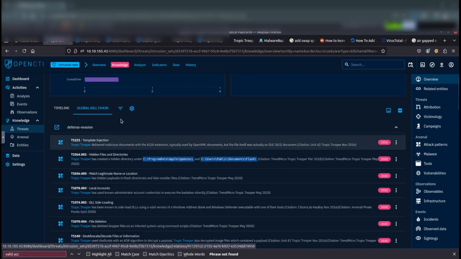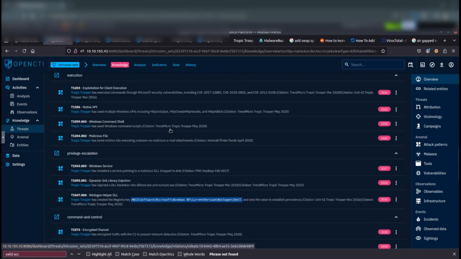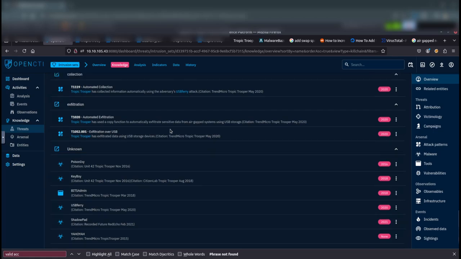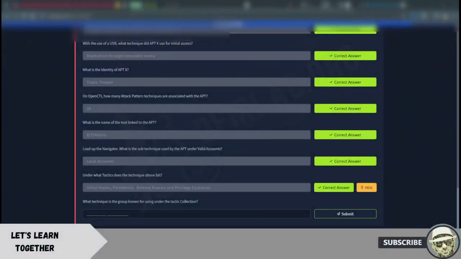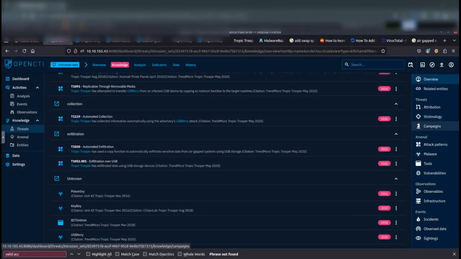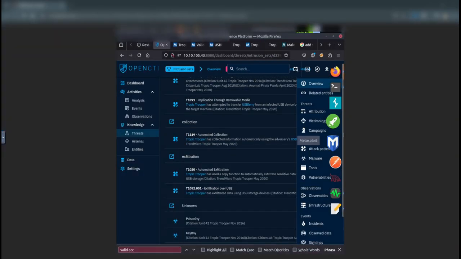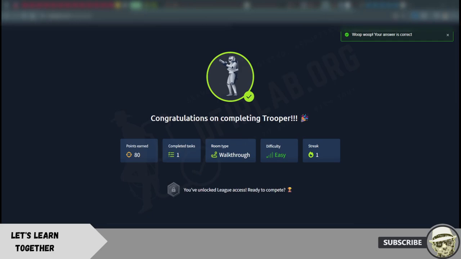Global keychain, collection, automated collection. That's it. We got this one. So long.